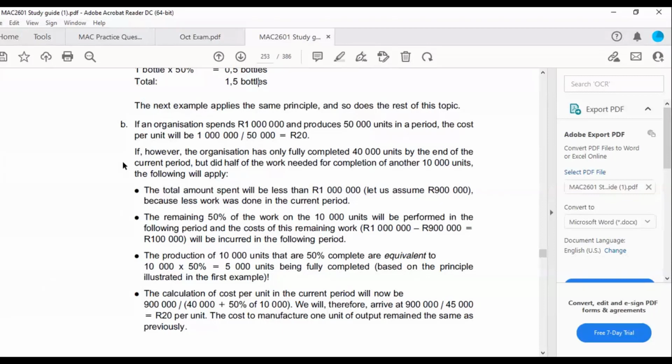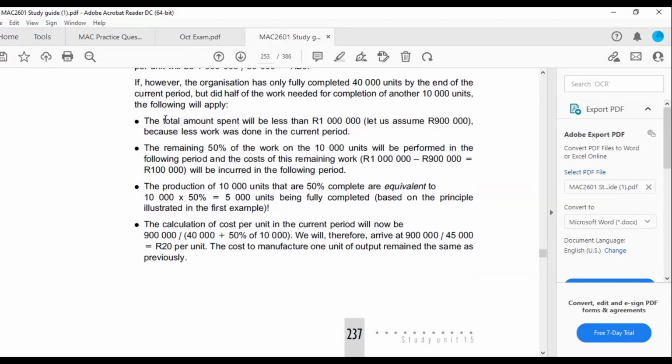If, however, the organization has only completed 40,000 by the end of the current period, but did half the work needed to complete the other 10,000, the total amount spent would now cost less than 1 million.